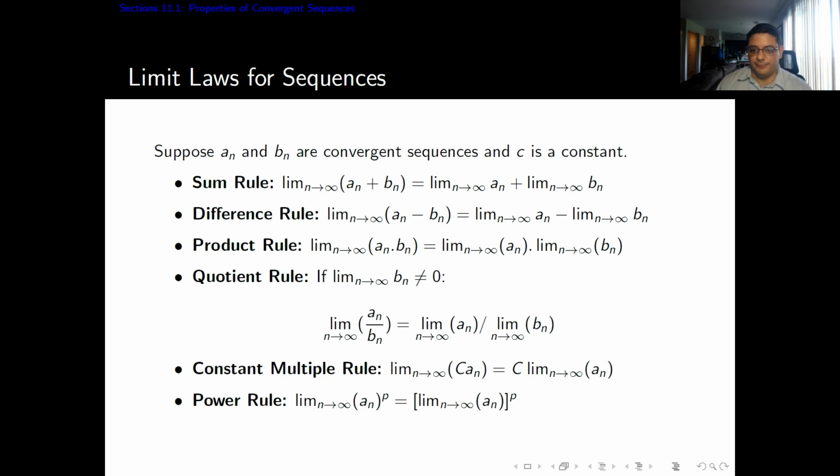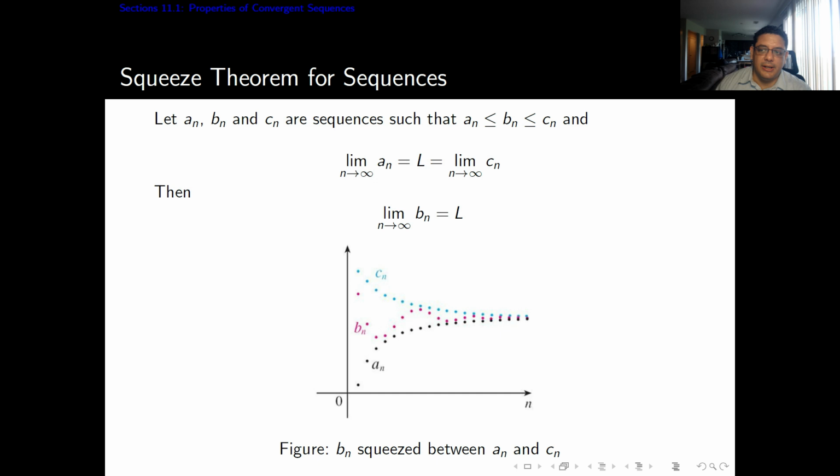Now, one of the examples that we saw in the last video had to do with the squeeze theorem. If you have three sequences such that a_n is less than or equal to b_n, which is less than or equal to c_n, and the limits as n goes to infinity of the extremes are the same, so the limit of a_n equals the limit of c_n, then the limit of the middle sequence has to be the same.